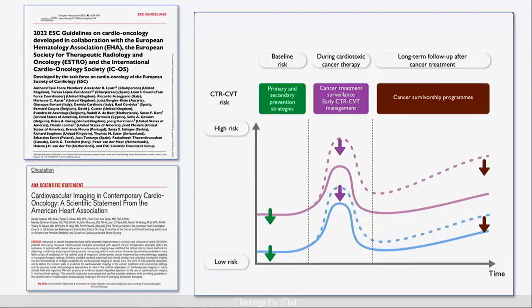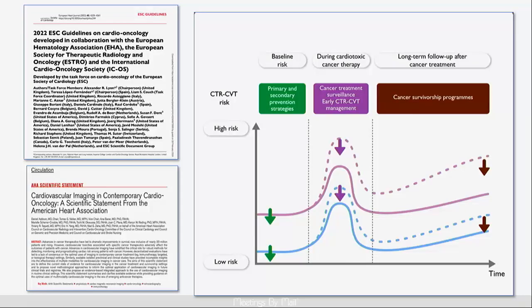After estimating the baseline risk, from low risk to high risk, the whole idea is to ensure that we can look into a long-term plan of cancer survivorship that is free of cancer-related cardiovascular dysfunction.